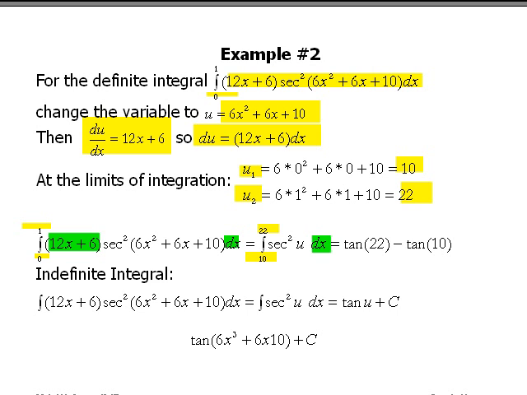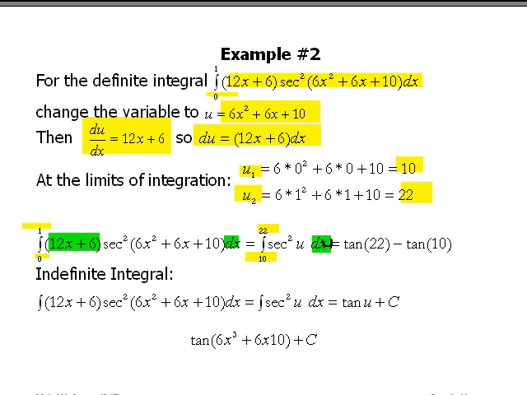Ooh, that should be a u there. Let me change that. This is a u. Now, secant squared of this argument is really the secant squared of u. That is something I can evaluate easily. The primitive of secant squared is tangent. So I evaluate tangent at 22, the upper limit, and subtract from it tangent at 10. Again, remembering the calculator is in radians.